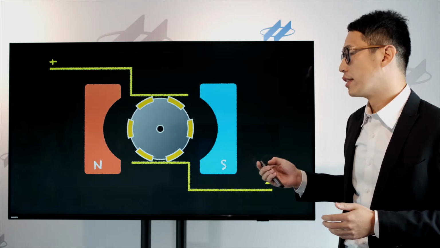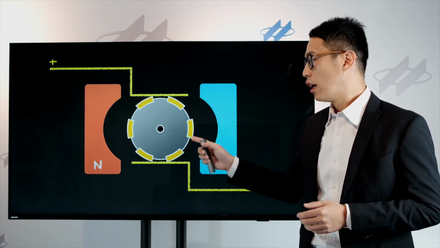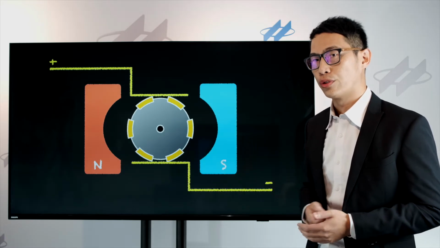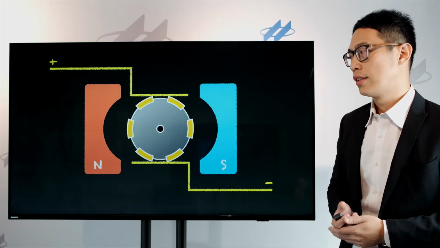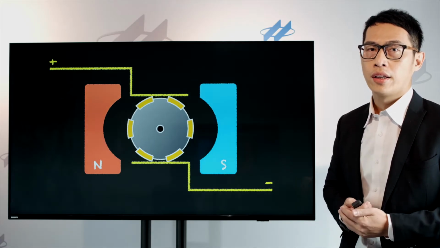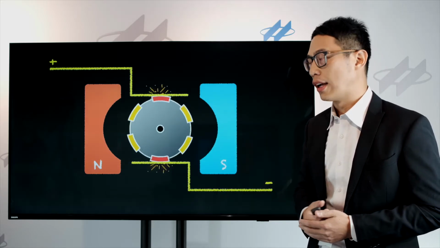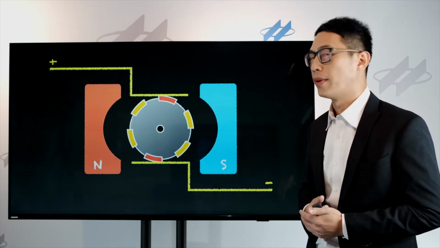A brush DC motor consists of stator, rotor, commutator, and the brush. The advantages of brush DC motor are that it is cheaper and easy to control, but the heat dissipation is poor, and the EMI is generated by brush arcing, like this animation.